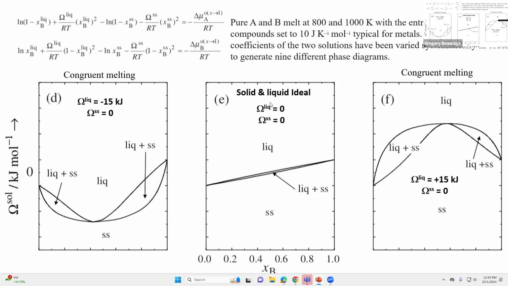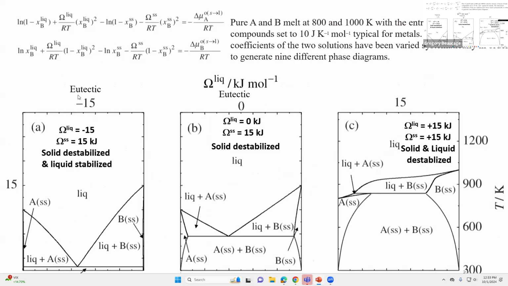And so this is the simplest case, right? But if you start really messing around with these omegas, then you can get every other kind of phase behavior. So if you stabilize the liquid and destabilize the solid, then you can get eutectic behavior. In fact, by changing both, you can get eutectics of various kinds.